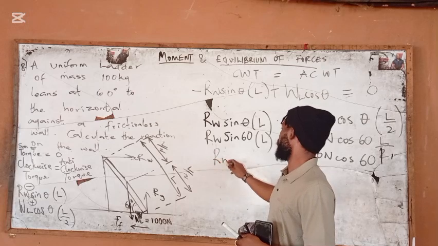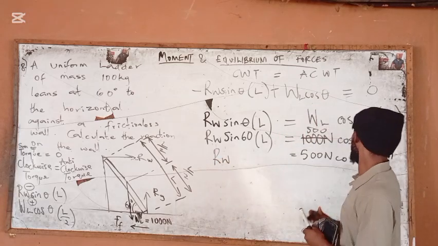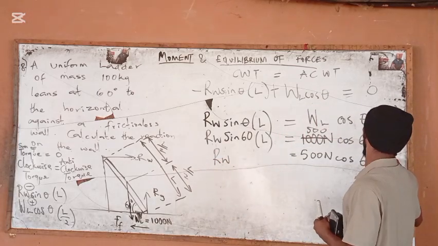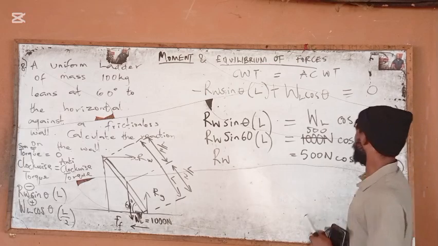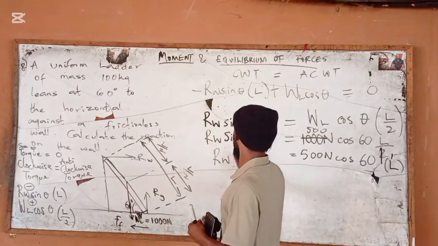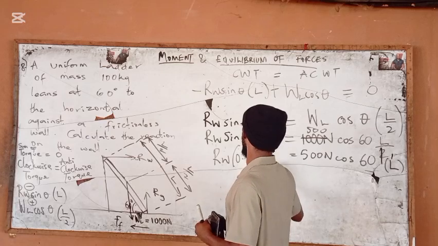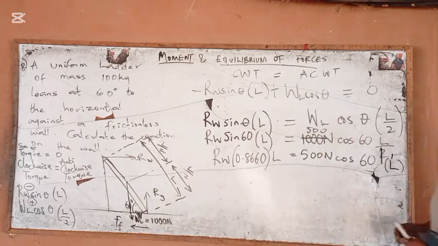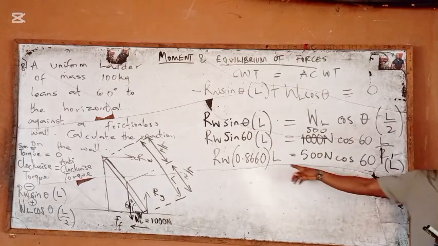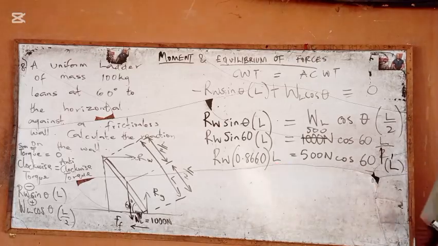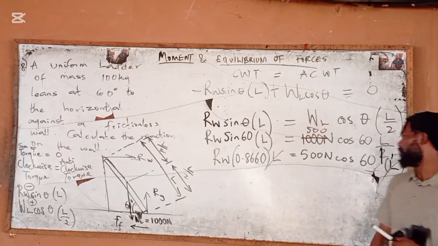Sine 60 is what? 0.8660, shall we? Times L. Well, notice, I have L here now, and I also have L here. Is it not true? They can cancel out. So I can cancel this, cancel this.